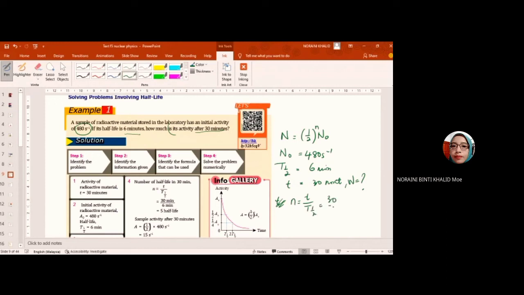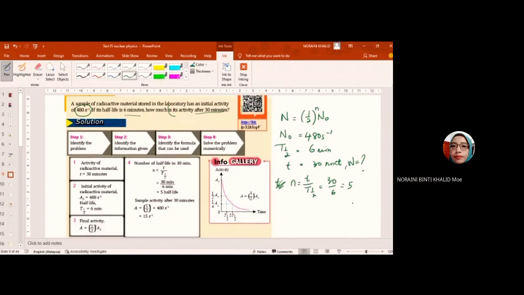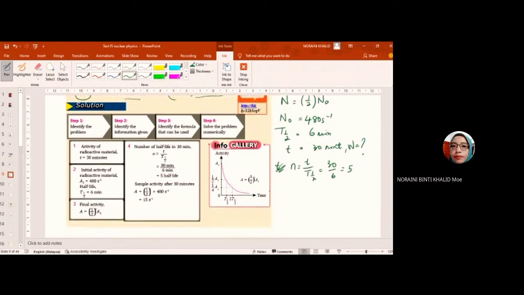So 30 divided by 6 equals 5, so 5 half-lives. Thus, the activity left, N, equals half to the power 5 times the initial activity 480. What we get here equals 15 seconds to the power negative 1.